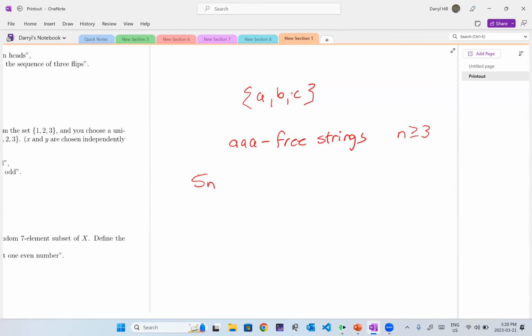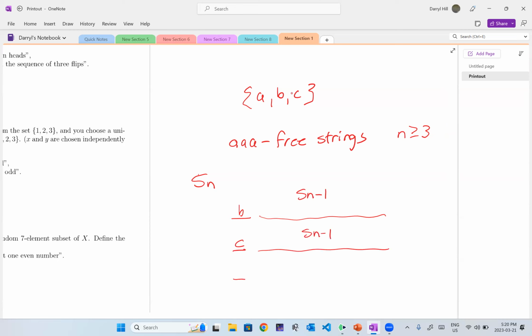So I'm going to, again, just look at all the possible cases. I'm just going to start writing a bit string. Well, it can start with a B, and then anything else is fair game. So there's S of n minus 1 A free bit strings of length n that start with a B. And then I can do the same thing for C. There's S of n minus 1 of those as well.